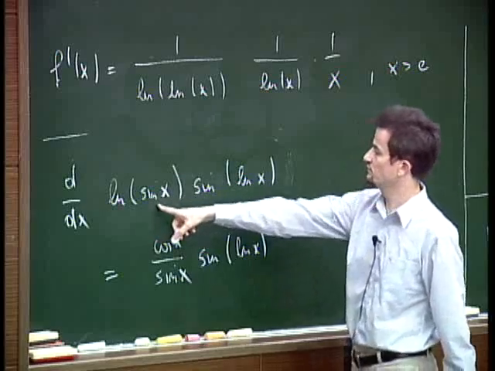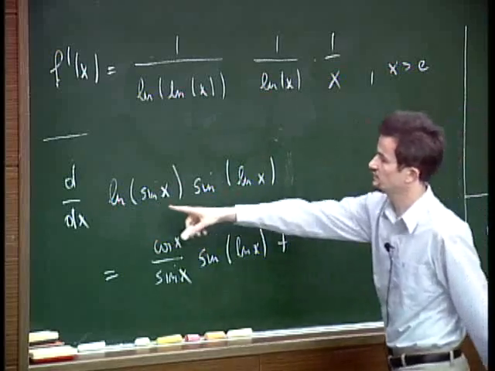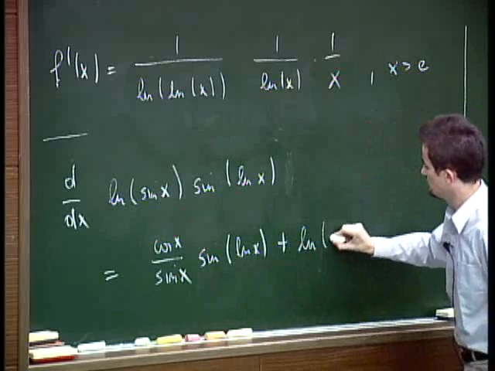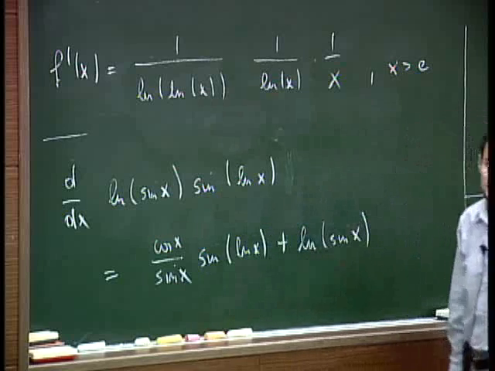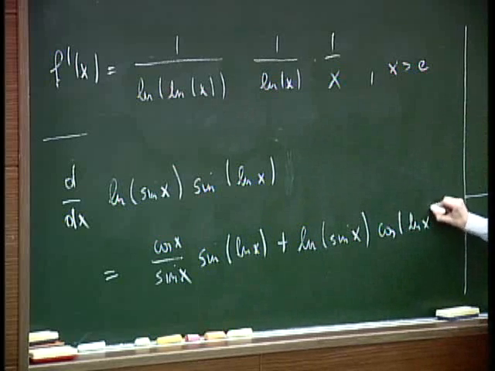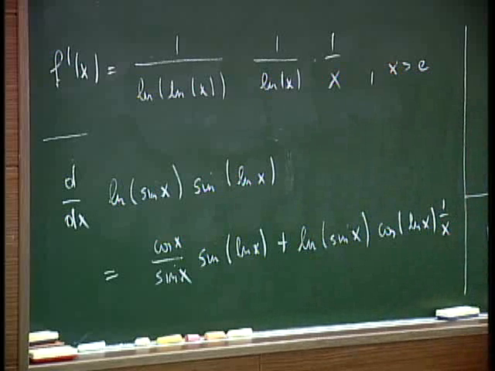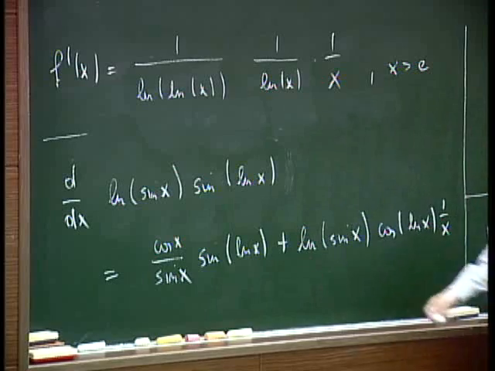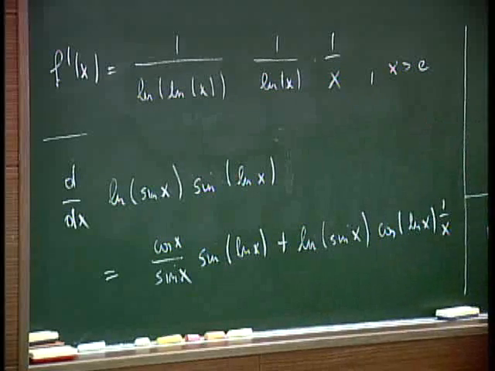So this was the derivative of this function times this function plus, now we just copy this function, ln of sine of x. And for the derivative of this function, we need again the chain rule, so it's the cosine of ln of x for the outer function, and for the inner function, you have an additional 1 over x. Okay, so this is quite easy. Of course, you can write here the cotangent of x for this function, but you should get the principle of how to do this.